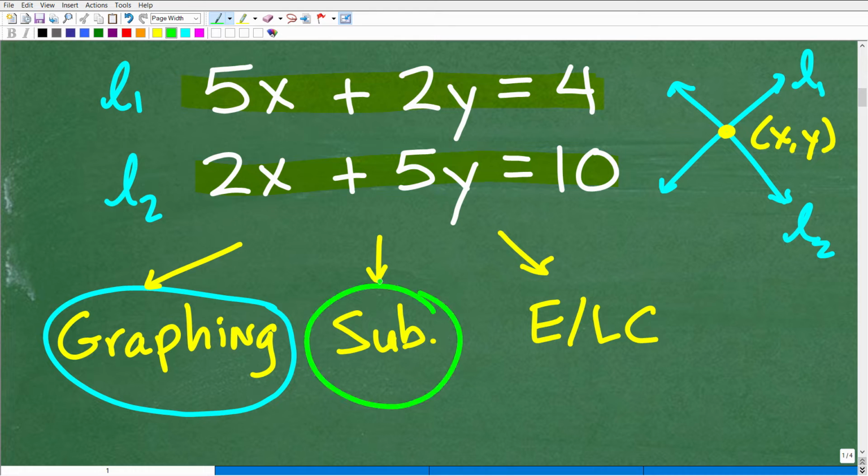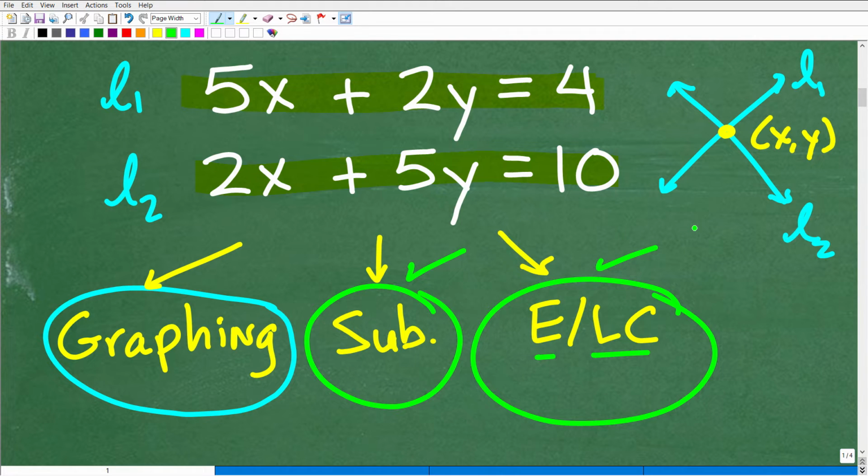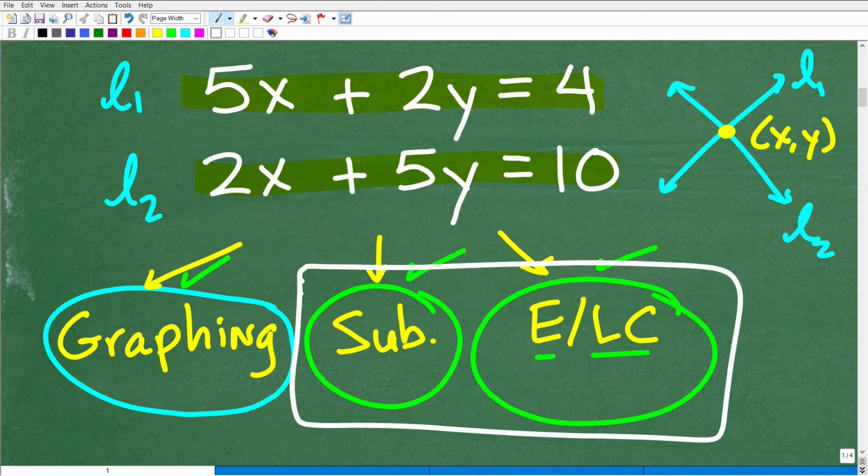The first is the substitution method, and the next is the elimination or linear combination method. These are our primary tools to solve systems of equations. It's important that you understand the graphing method and can actually do it, but we're going to be solving 99.9% of two variable systems using substitution and elimination, or linear combination.